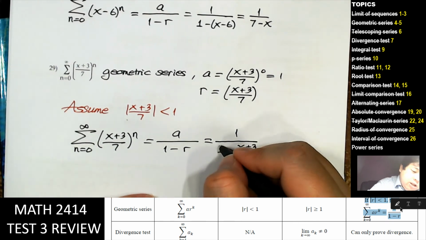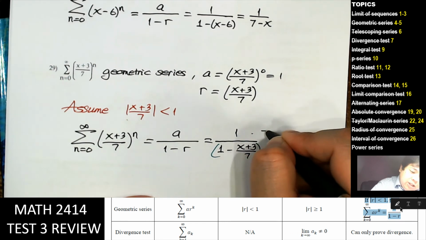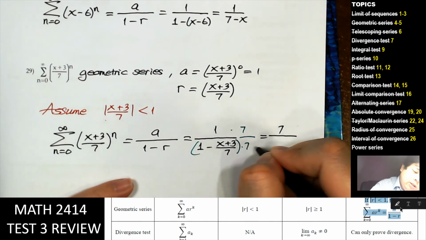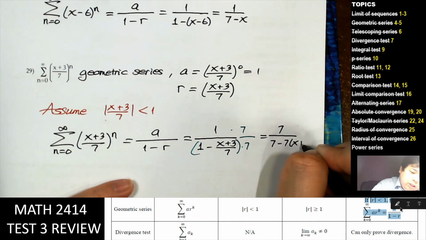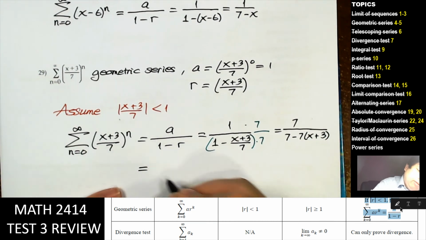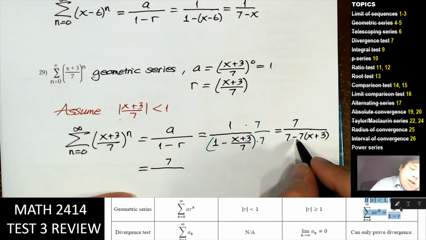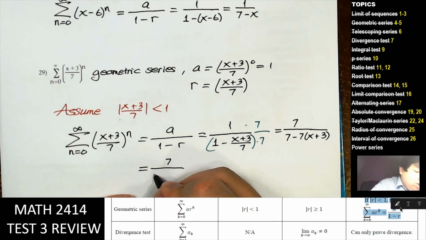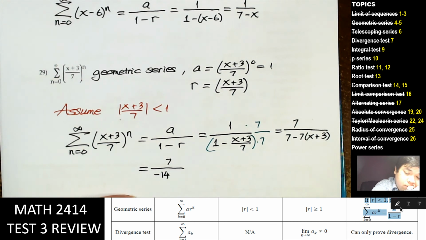Simplify this, multiply by 7, top and bottom. 7 over 7 minus x minus 3.